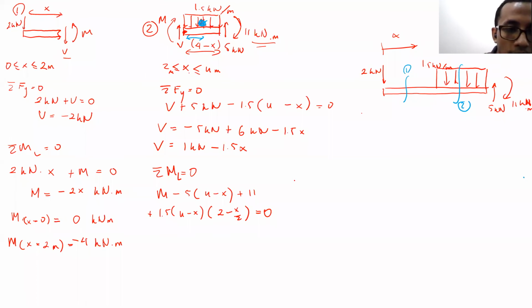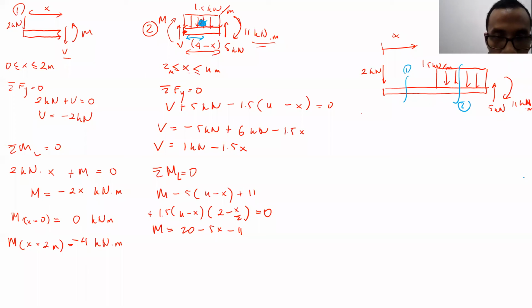Now, what is the value of our moment? 20 minus 5x. Yeah. Minus 11.